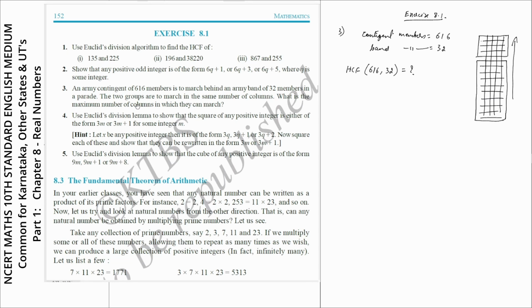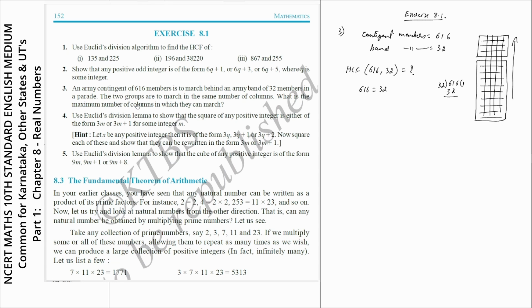Now these are big numbers, so in the usual traditional way, we can't find the HCF. We should use Euclid's division. So 616 I can write as 32 times something. Now divide 616 by 32. 32 ones are 32.